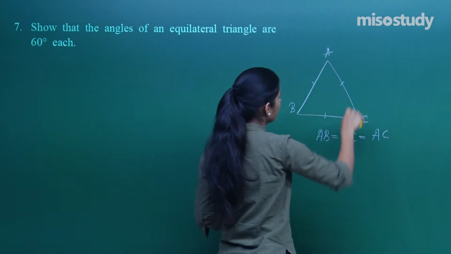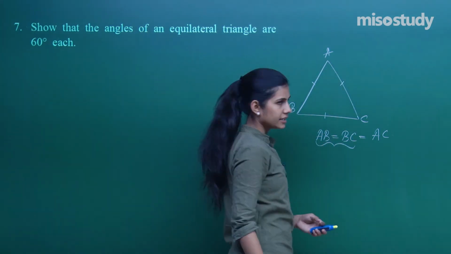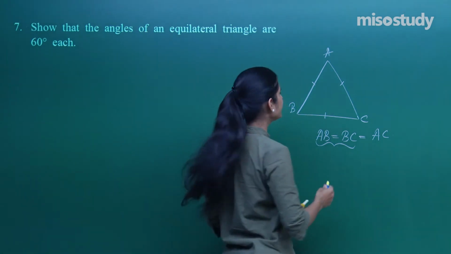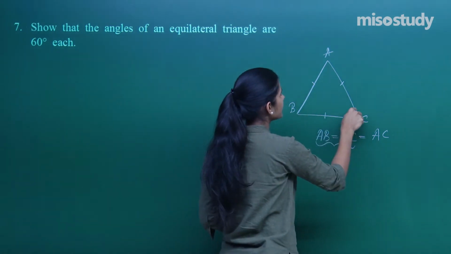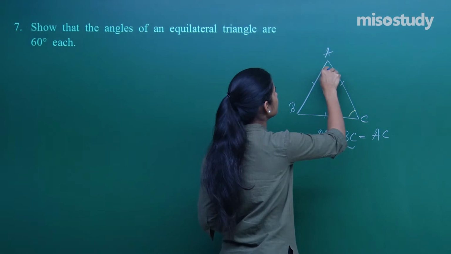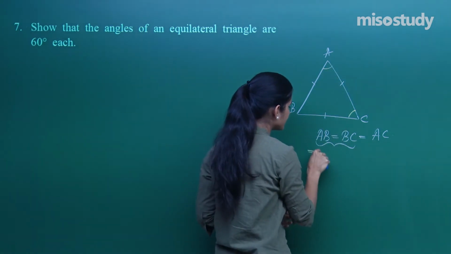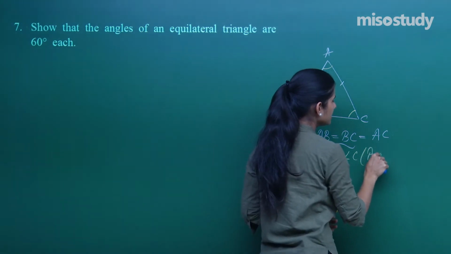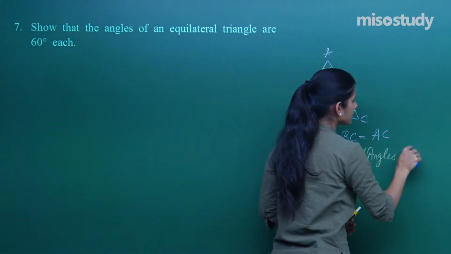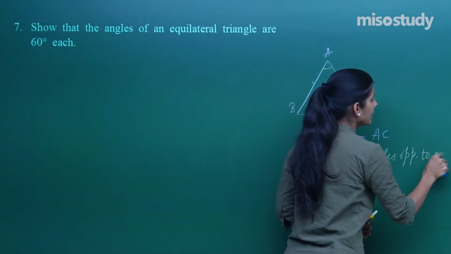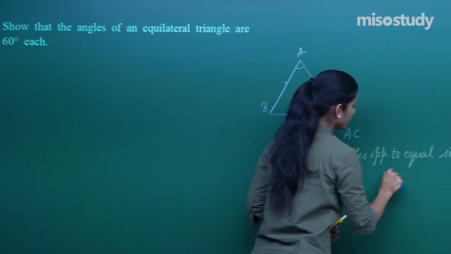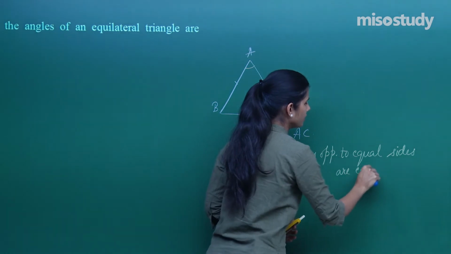If AB is equal to BC, then angles opposite to equal sides are equal. Opposite to AB is this angle, opposite to BC is this angle. So this implies angle A is equal to angle C, since angles opposite to equal sides are equal.